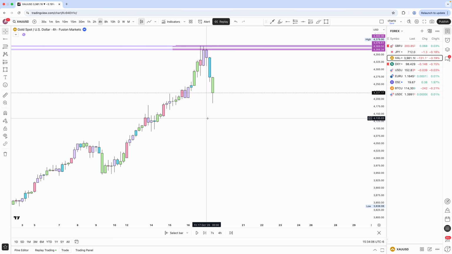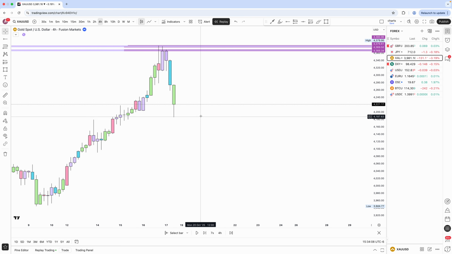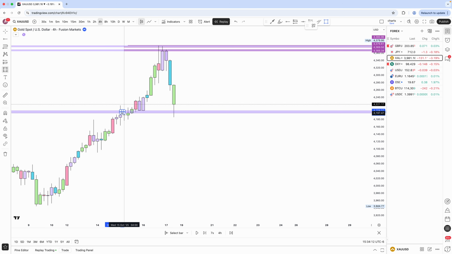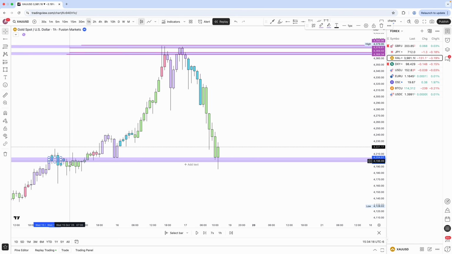Okay, so we obviously know that gold is super bullish. Even today on Monday, it's still bullish, but we were waiting for a correction. So we ended up rejecting at 4,200, and we couldn't break below the 4,200. That's why we got this rejection. We got a 1 hour confirmation, two tests into the 205 price, and then continuation up.